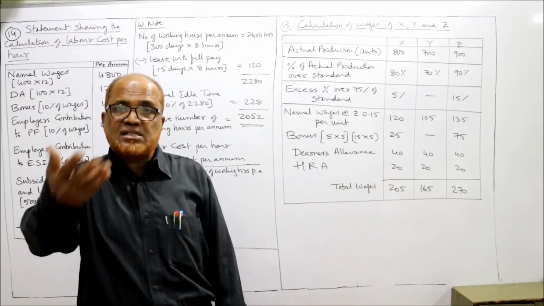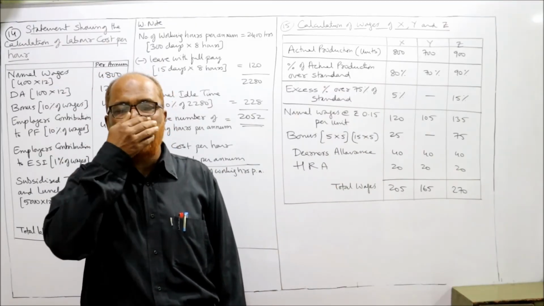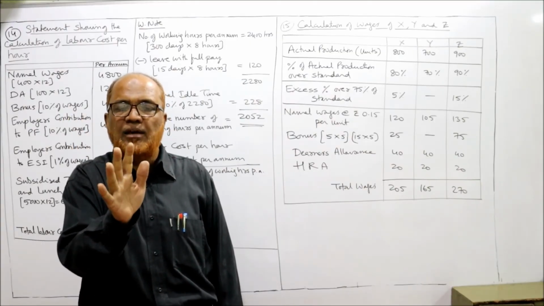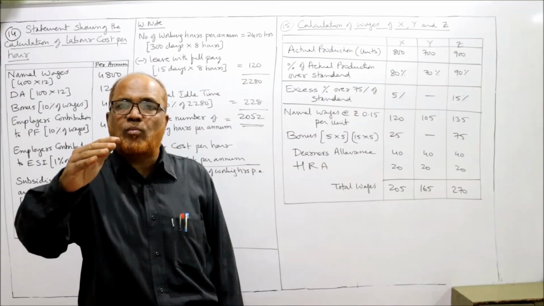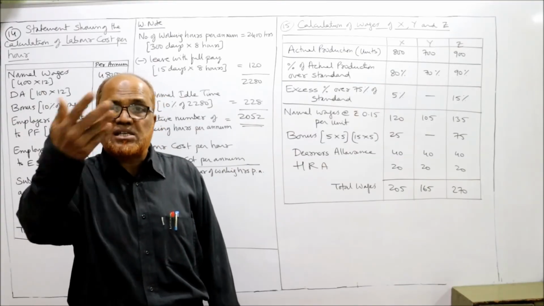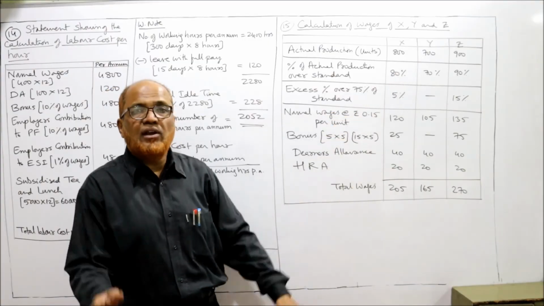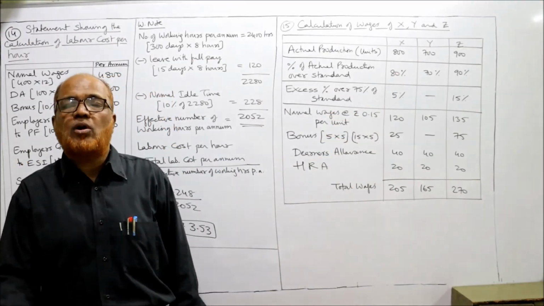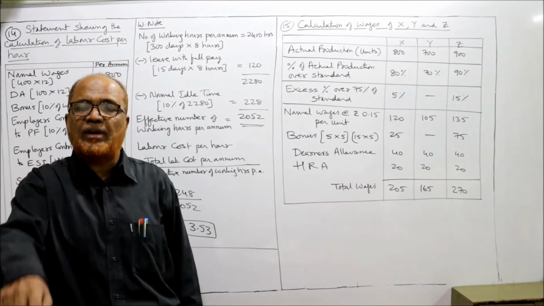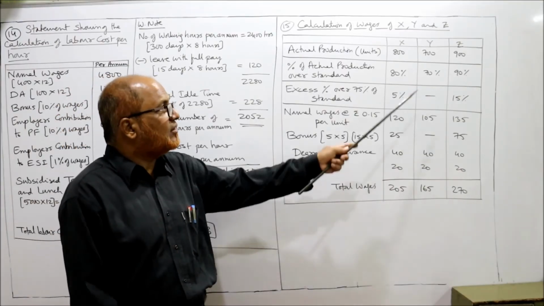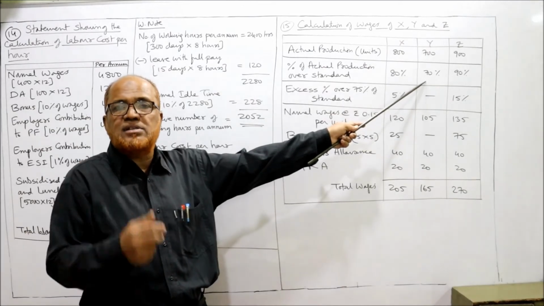So how much excess percent over 75? 5%. Up to 75% there is no bonus. Bonus will be paid if he produces more than 75. So he has produced 5% excess. Y will not get any bonus because it is less than 75%. His actual production is less than 75%. Only 70% he has produced.